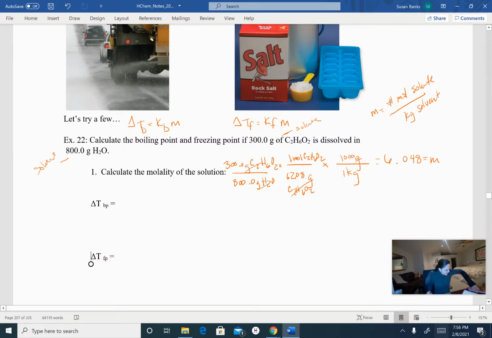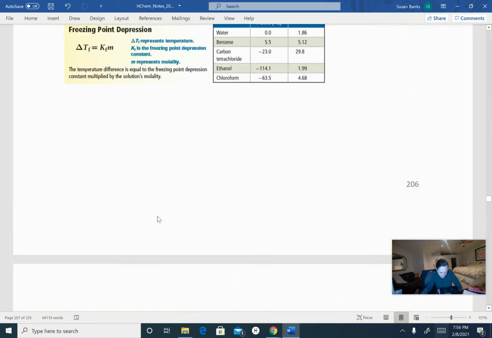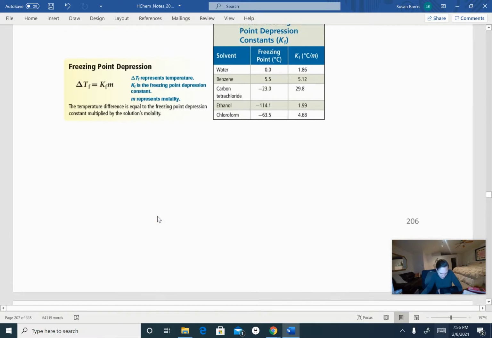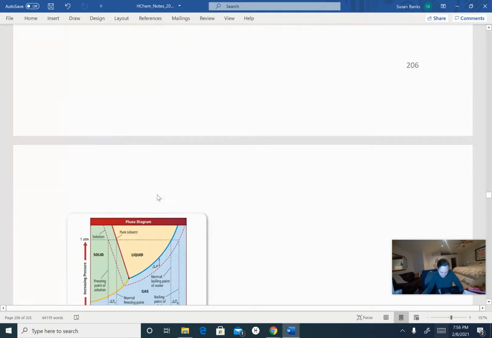Okay. So the next thing I've got to do is figure out what my boiling point constant of water is, because my solvent is water. So let's look at that. We're going to have to scroll here. My boiling point constant for water is 0.512 degrees Celsius per molal.